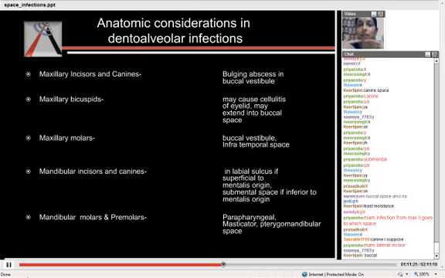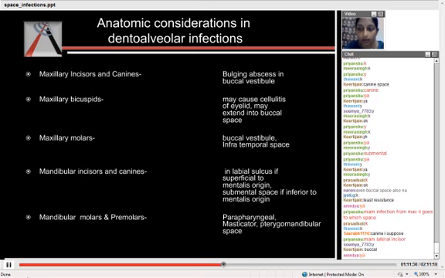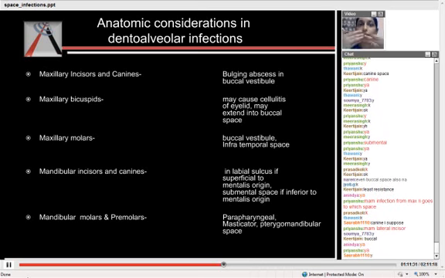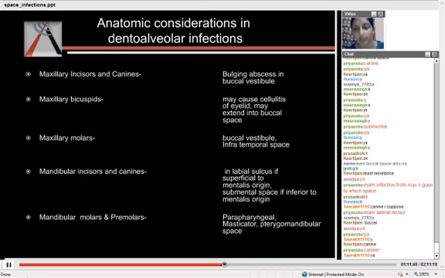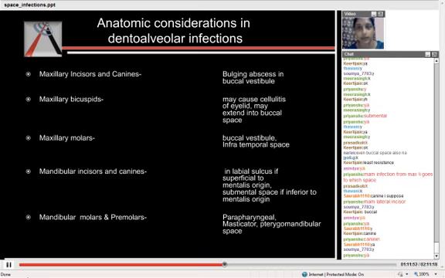You don't have something known as the mental space like in the mandible here. So the moment it enters, it's going to enter the buccal space, and if possible, it can even go to your infraorbital space, that is up to your eyelid. Got it? Yeah. Canine space. It can go up to the canine space.